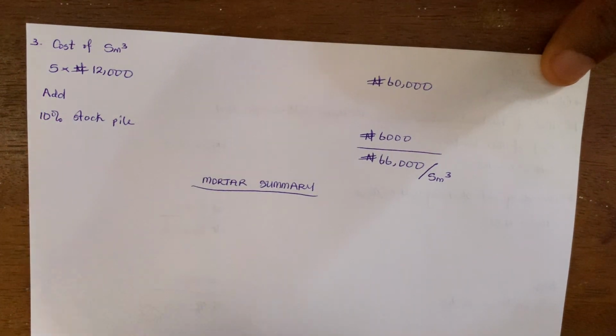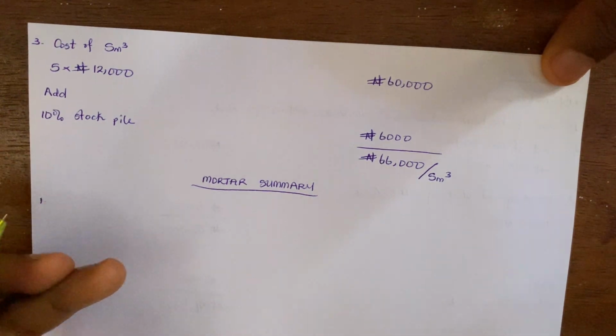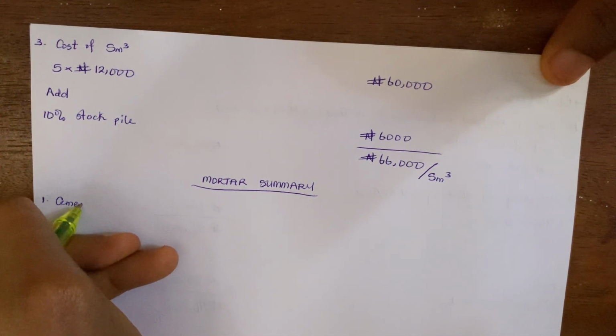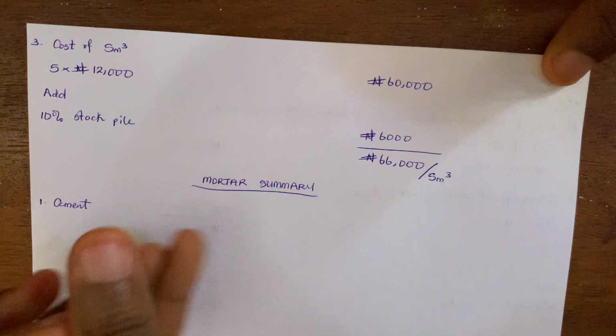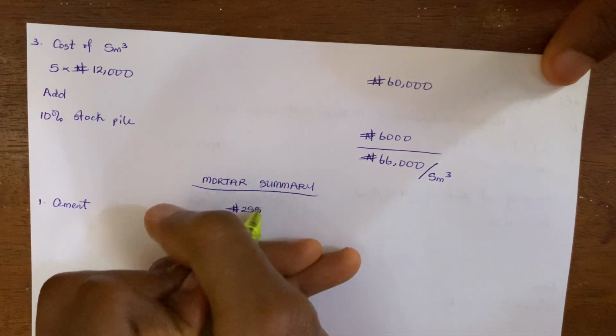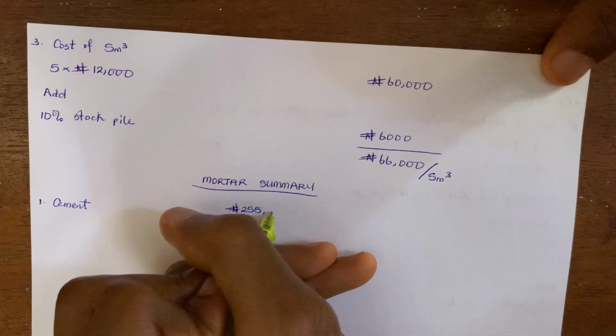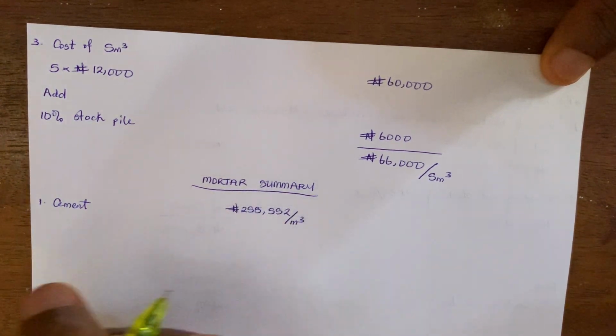So our mortar summary now, the first thing is our cement. So what did we build up our rate for 1 meter cube of cement? 258,552 naira for 1 meter cube.